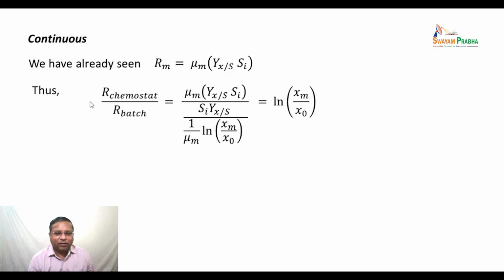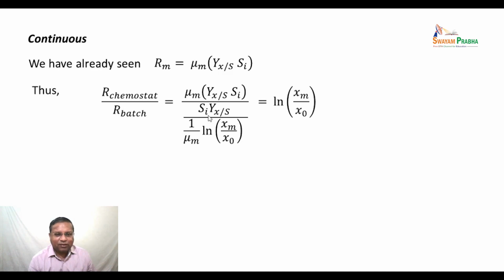Now for the chemostat case, we have already seen that the maximum productivity is mu m Y_XS times SI. Therefore, the ratio of the maximum productivities of a chemostat to that of batch is just a division of those two terms: mu m Y_XS SI for a chemostat, by SI Y_XS by 1 by mu m ln of xm by x0, which is what we saw for a batch.